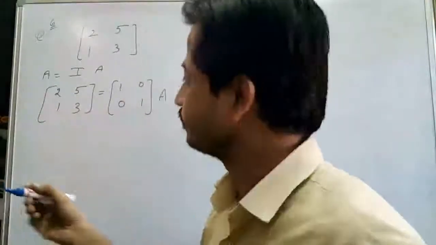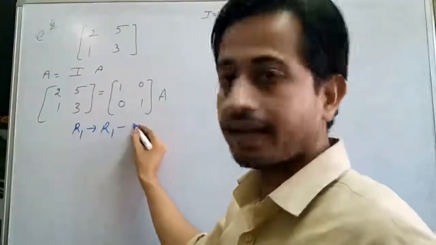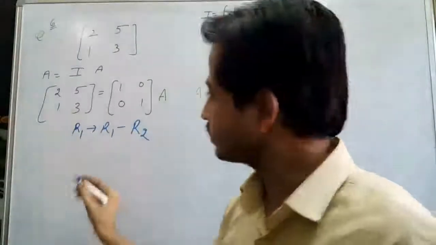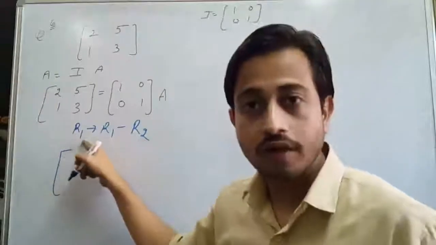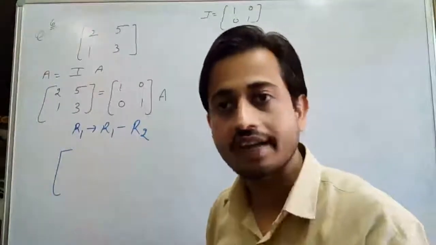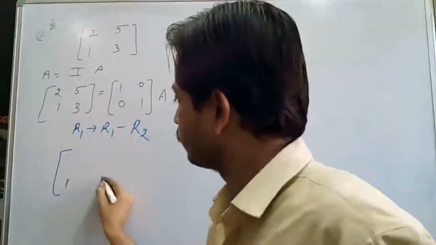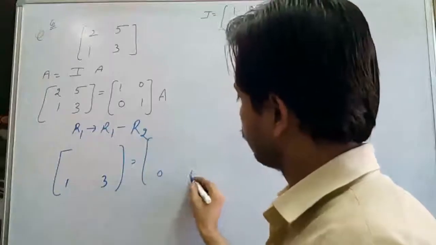So please apply R1 minus R2. Now solve this. You can do it directly because we are going to change R1, so you first write the R2 term as it is. R2 is 1, 3, and 0, 1.